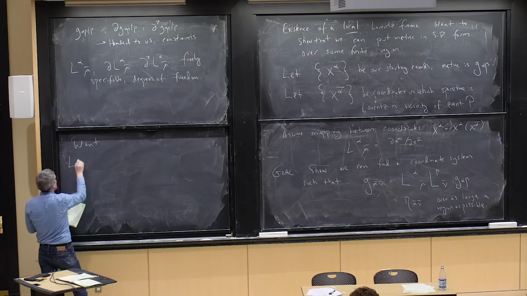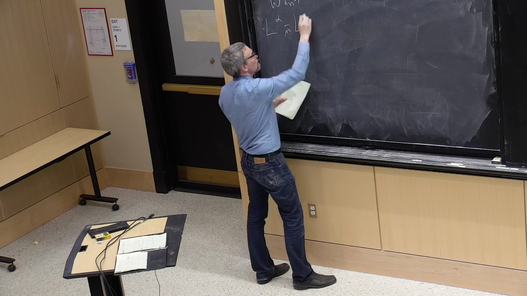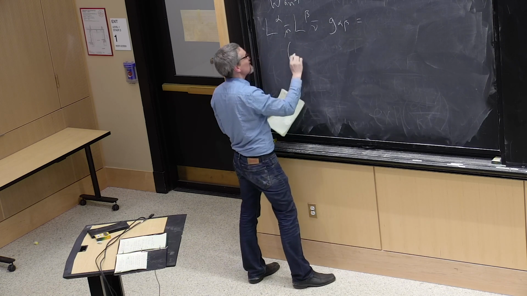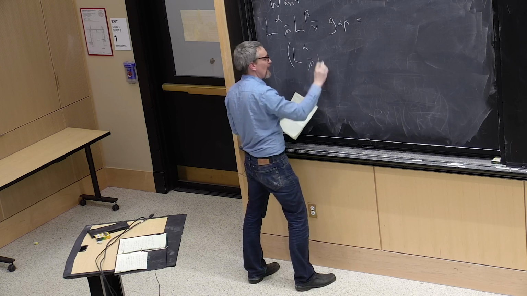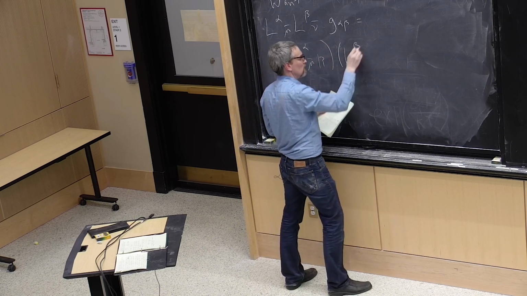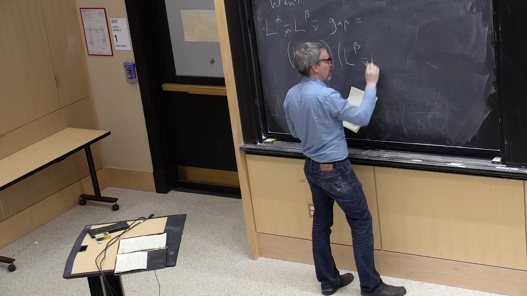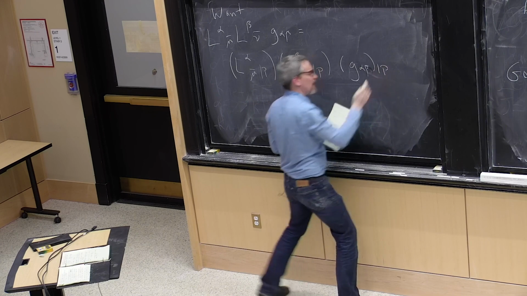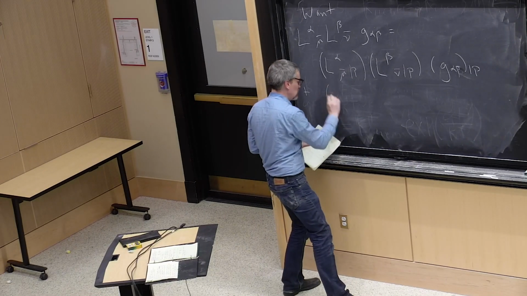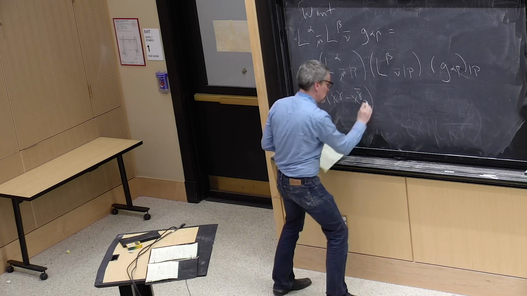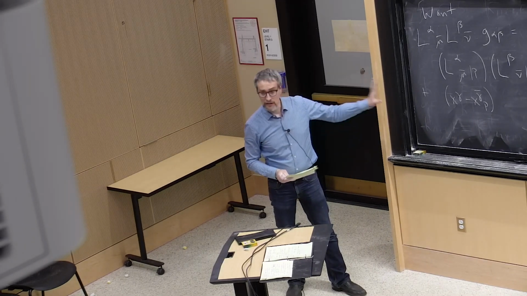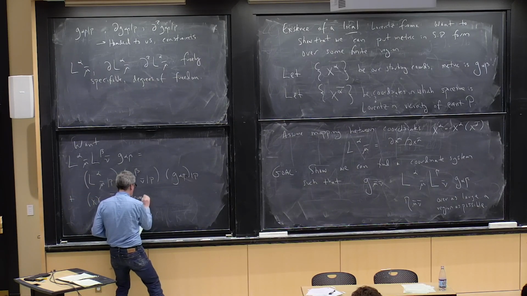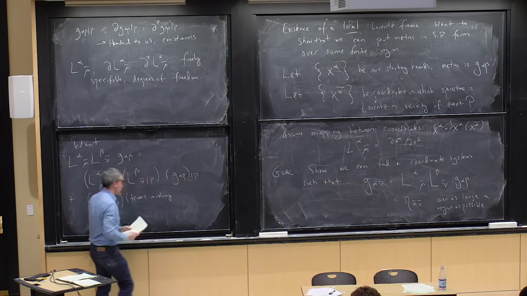What we want to do is make this, which I can write as this guy at point P, times this guy at point P, times this guy at point P, plus a term that is going to be linear in the space-time displacement away from point P. If you want to go and multiply this out, knock yourself out.